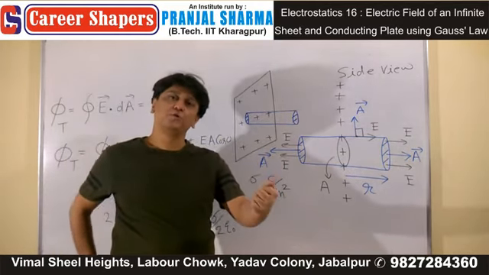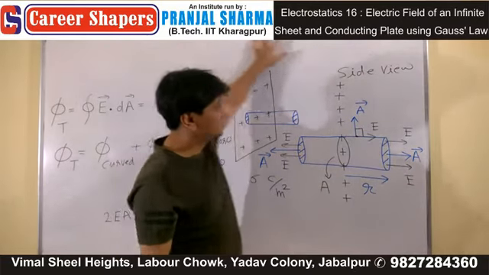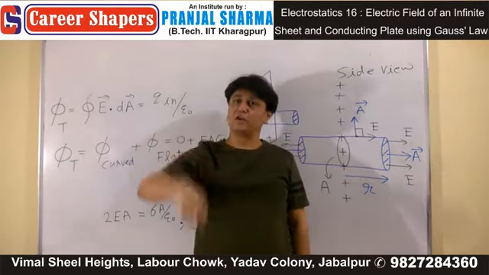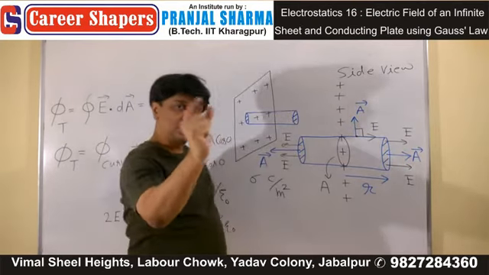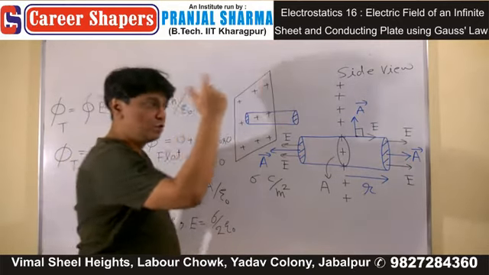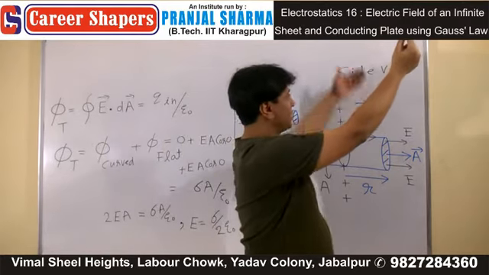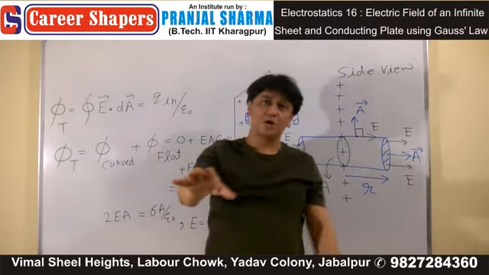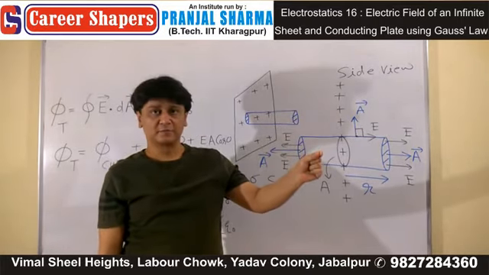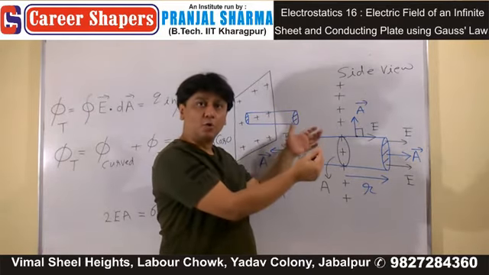The simple logic which we used in the last class was this: if this is the board and the board is of infinite size, and you consider this point at some distance, another point at the same distance, and a third point at the same distance, they are all the same. This comes from the logic that all these points are just in front of the center of the board.